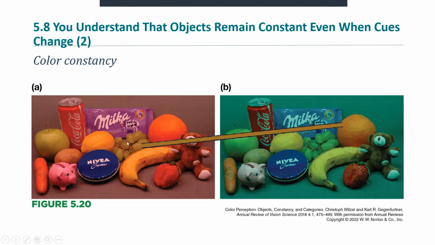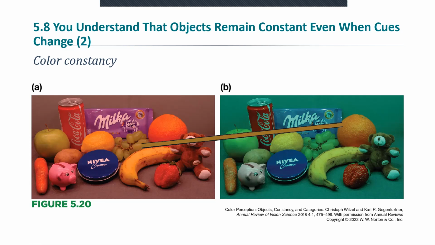You're sensing these green grapes in A and this orange in B, and your sensation tells you they're exactly the same color. That's the raw data that comes into your brain. But it's your visual cortex that uses prior knowledge, top-down processing, to cause you to see the picture differently. You see this orange as being orange and these grapes as being green, even though they're exactly the same color.